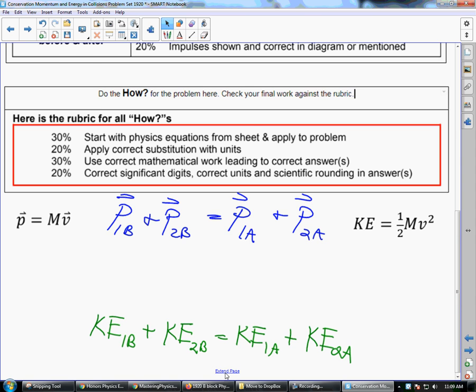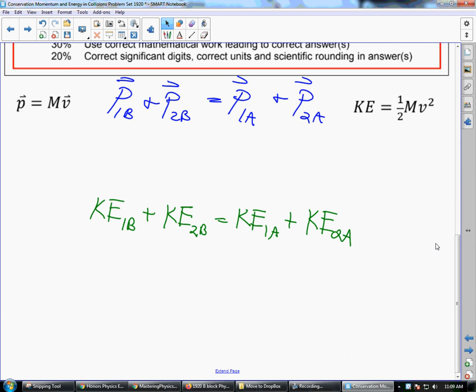So now I'm down to filling in with variables. So I've got the mass of 1, velocity of 1 before, plus, what was the momentum of 2 before the collision? 0.